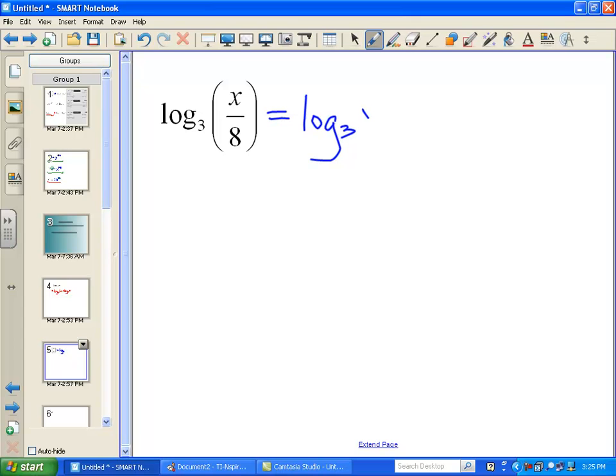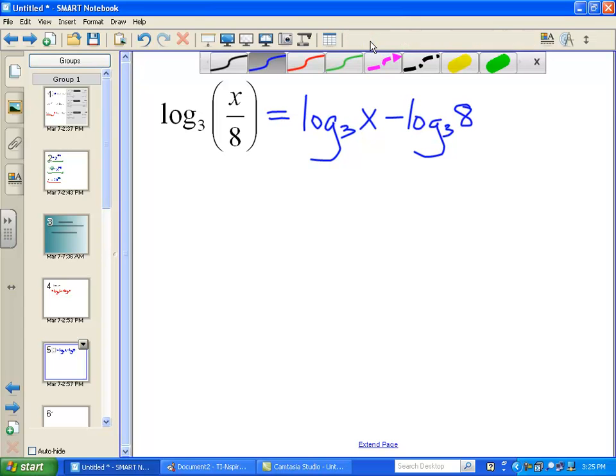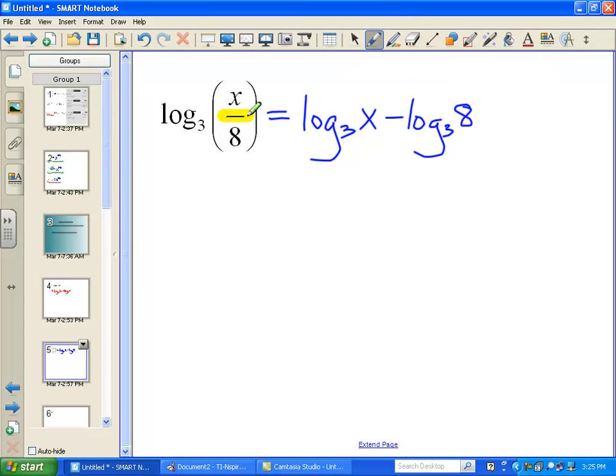We'll make it log base 3 of x minus log base 3 of 8. Another little trick to remember is that the division or fraction symbol looks a lot like the subtraction symbol, so that might be another mental hook for you.